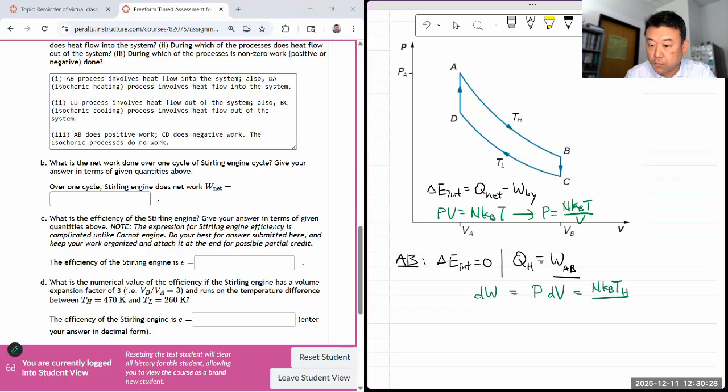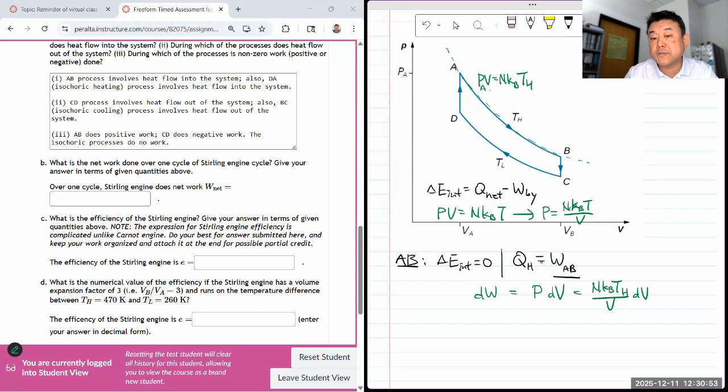And the one additional substitution I'm going to do is I'm going to use the fact that the ideal gas law applies here, meaning PV is equal to N KB TH. This is constant. So I can basically pick any point along this isotherm and treat the product as a constant.